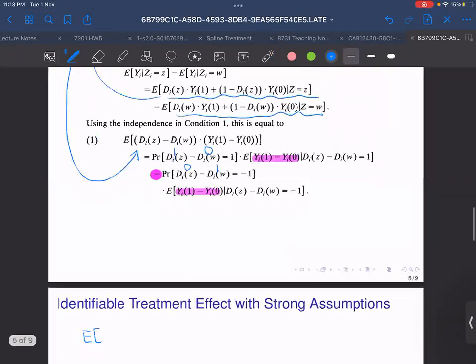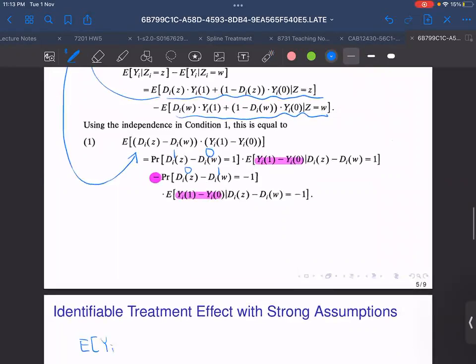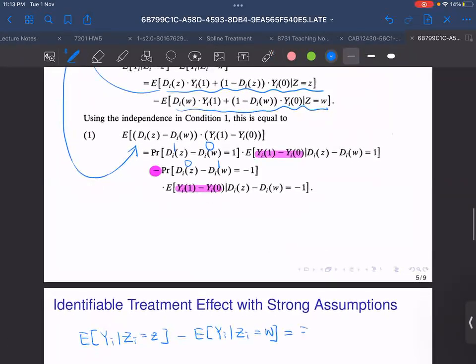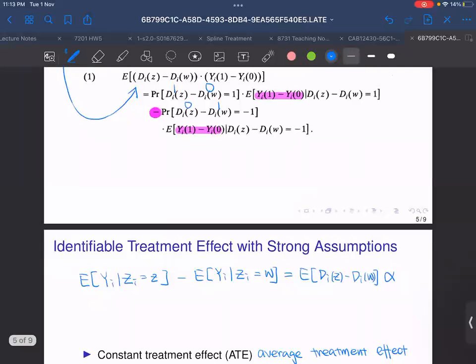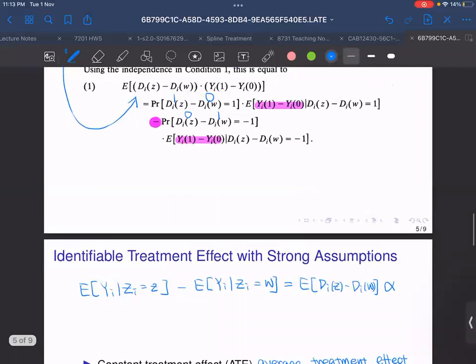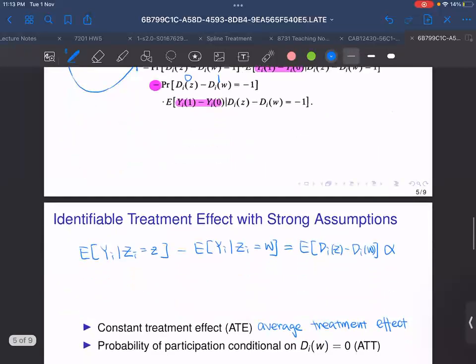Okay, let me copy that down. Expectation of Yi given Zi equals small z minus expectation of Yi given Zi equals w is the expectation of Diz minus Diw multiplied by a constant term. And the constant term alpha is the constant treatment effect.